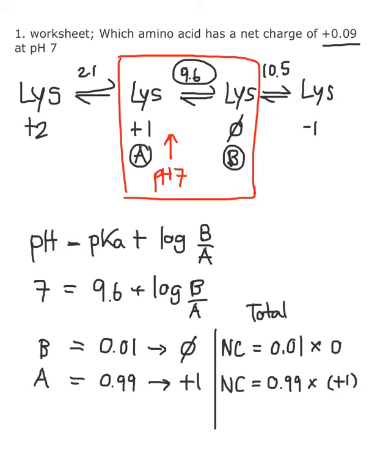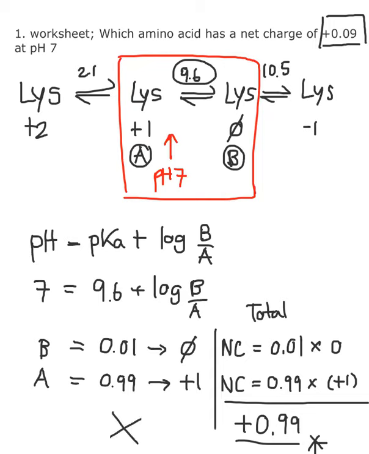If you calculate the total net charge here, it gives plus 0.99, right? So that does not match what we want. We want plus 0.09. So lysine is not the answer.